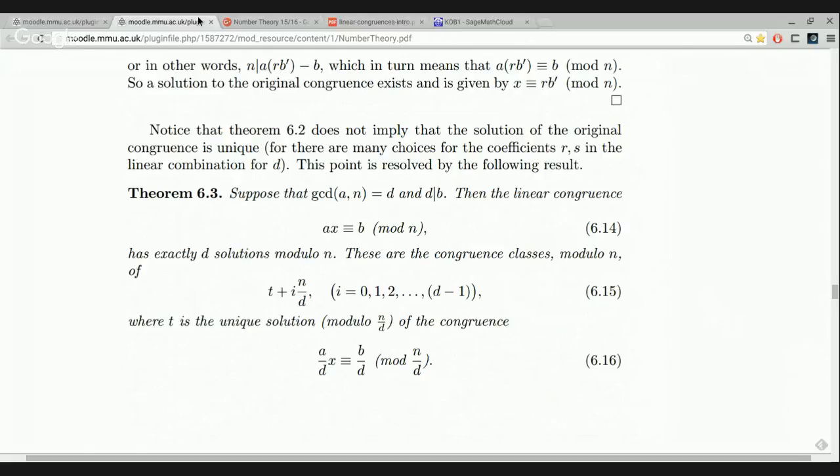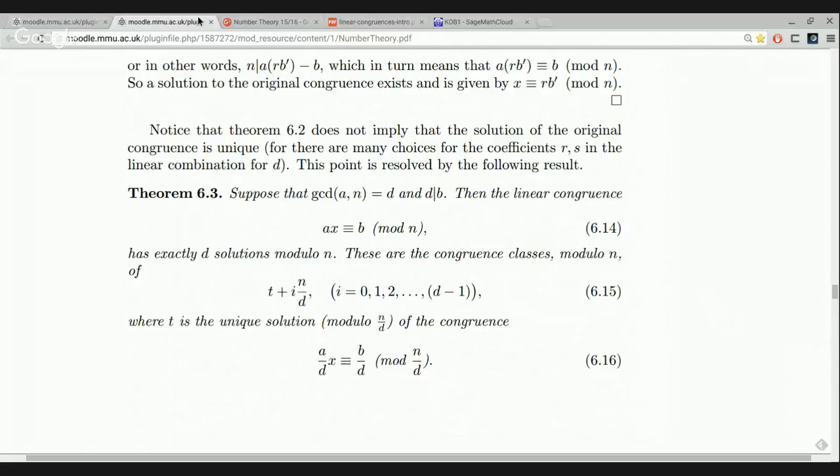Okay, so there are solutions, as we know from the previous theorem. So the question is, well, how many of them are there exactly? Well, the theorem claims that it has exactly d solutions modulo n. So there's d different congruence classes modulo n, which you can put in here for x. Just as we found 3 different solutions here. 3 was the greatest common divisor of 6 and 15. 3 divides 9. So this theorem is saying there are 3 different solutions modulo 15, which indeed are the ones we found.